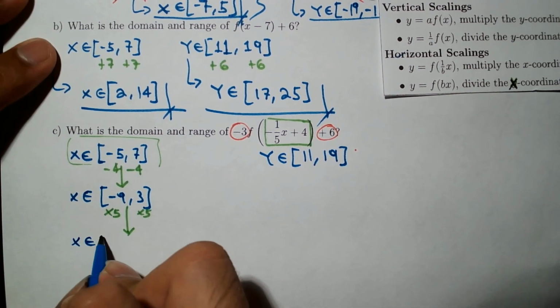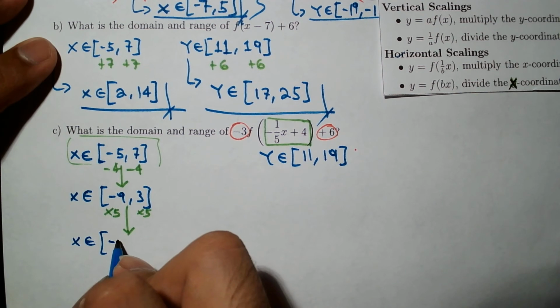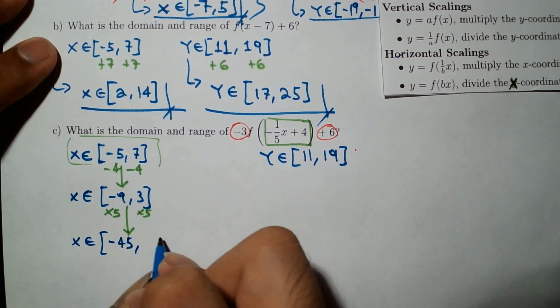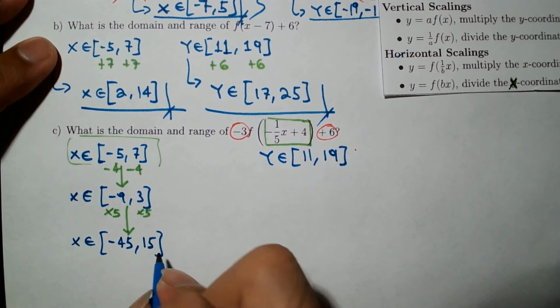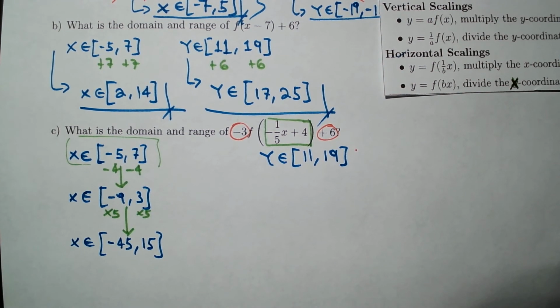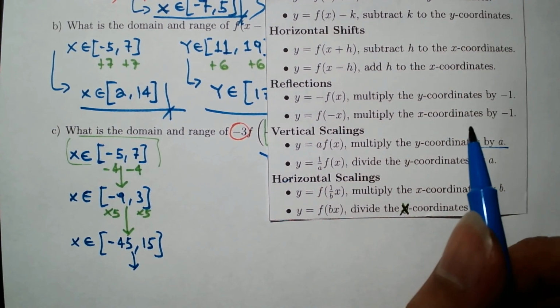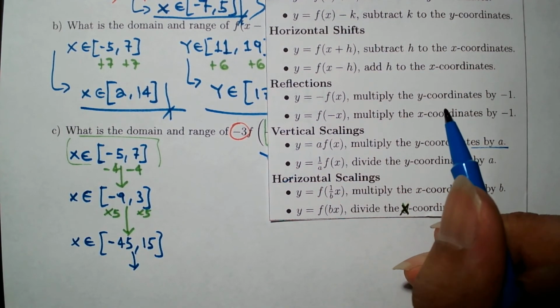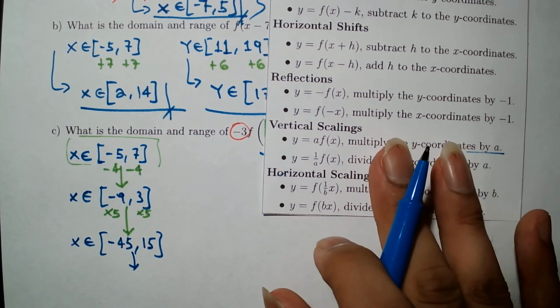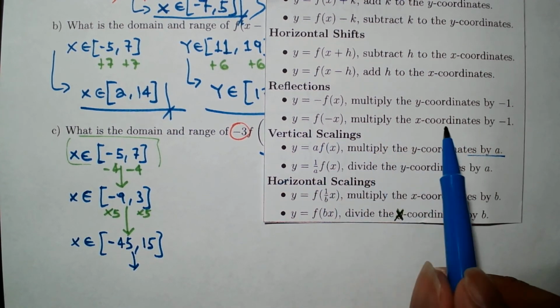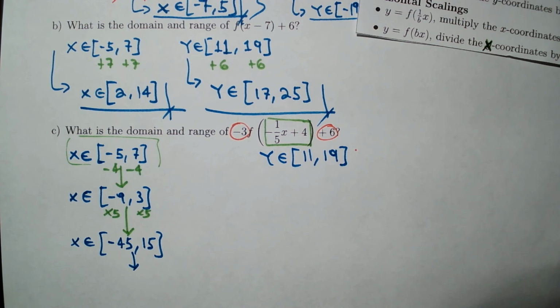So x belongs to -45 to 15. And then what about the next transformation for x? We are going to multiply the x's by -1.